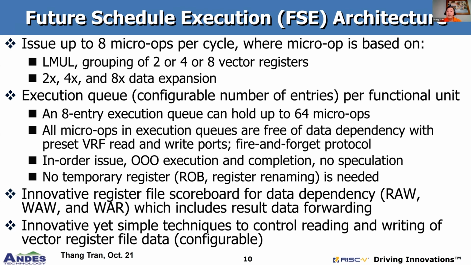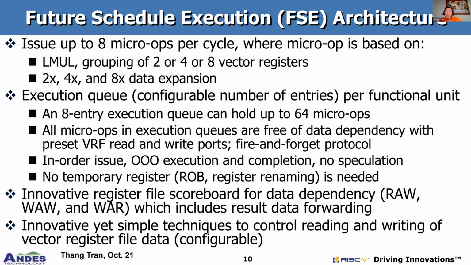This is the advantage of a vector processor over a SIMD processor. A single vector instruction is used instead of many SIMD instructions. The number of micro-ops also depends on vector instructions with 2X, 4X, and 8X data expansion.